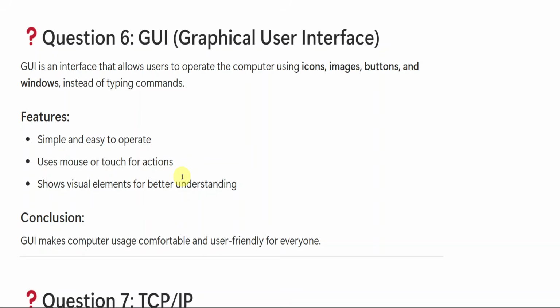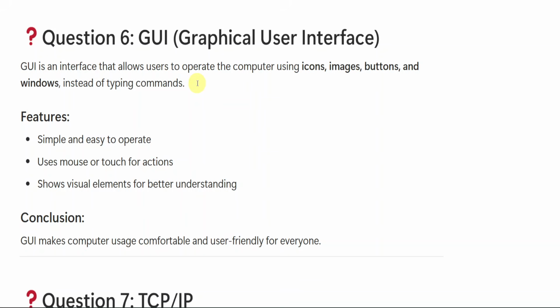Graphical user interface, GUI, means it is the way that we use our computer through icons, buttons, windows, pictures, etc. The screen which you are seeing now, this is graphical user interface, because of which we are easily able to click on the icon, open any file, or see the buttons and all.